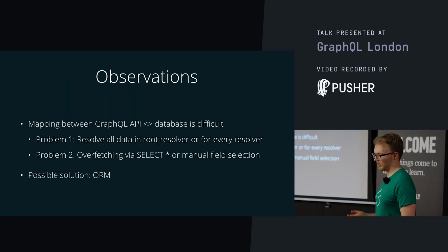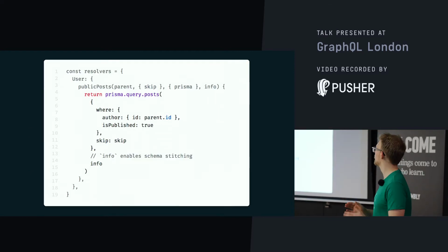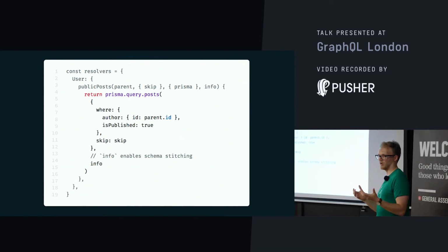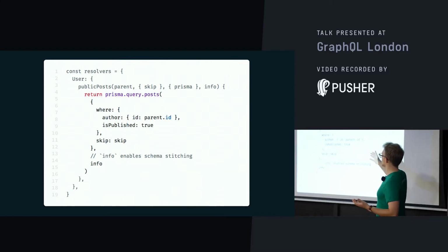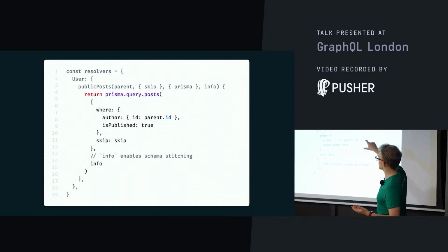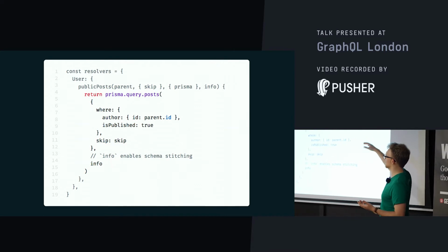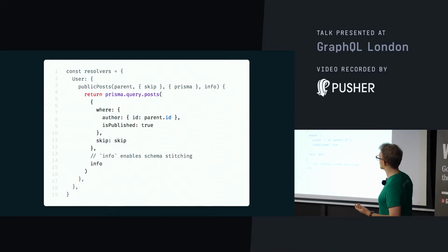But this is where GraphQL actually gives you a great new abstraction over your data. So what if there was something like a GraphQL ORM, and this is how it would look. So now let's think about implementing a resolver for the type user that returns your posts.